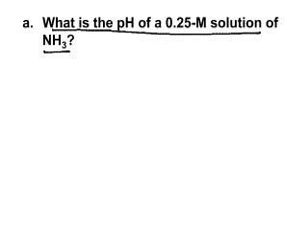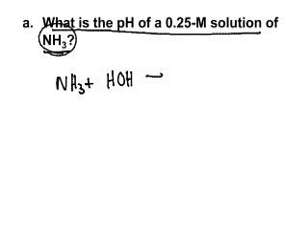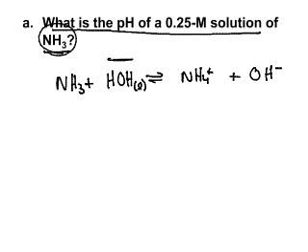The tricky part about this is that it's ammonia, so we have to write the reaction. The reaction is NH3 plus water, HOH, because it's a solution, and it makes ammonium, NH4 plus, plus hydroxide. Now this water is a liquid, and it will not participate in the equilibrium. It's part of the reaction, but it doesn't participate in the equilibrium. So the ammonia is 0.25 molar, and the products are 0 and 0.